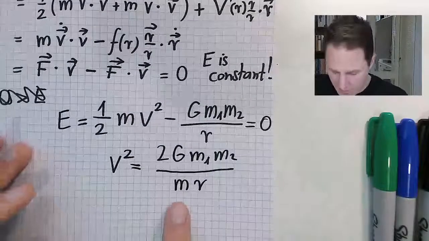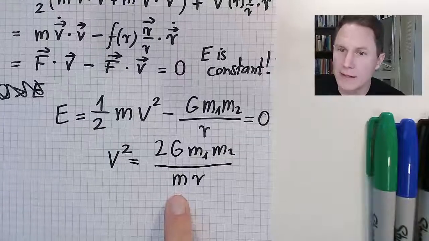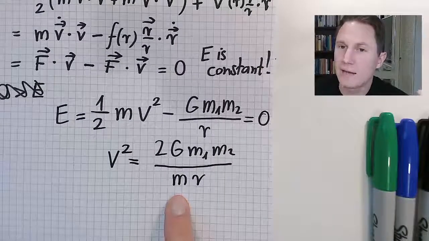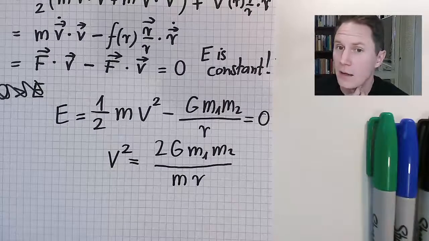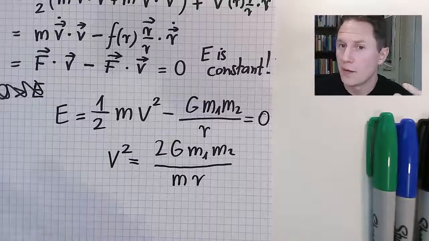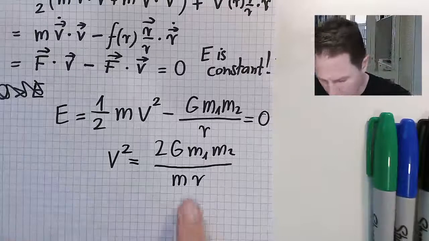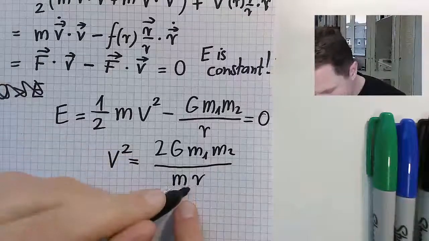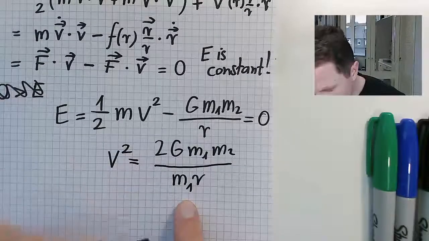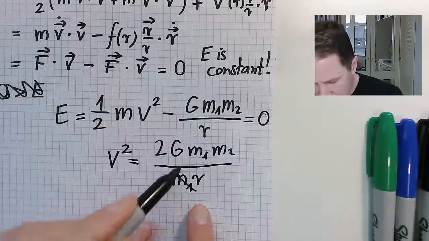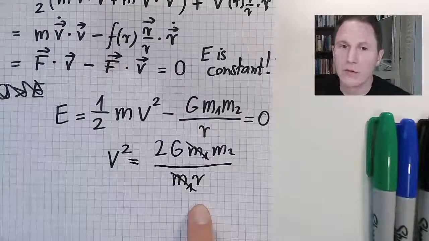Well, remember m was this reduced mass, but in the case of a light object compared to Earth, which has a little mass compared to Earth, this is basically going to be the mass of that object, and we can simplify by that.